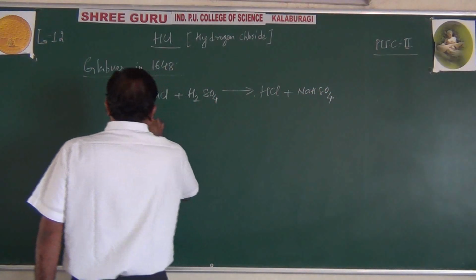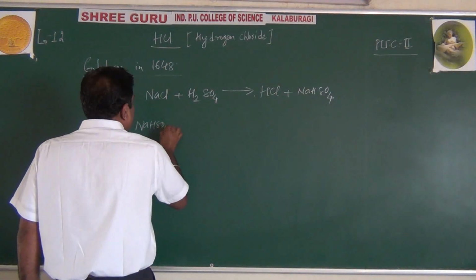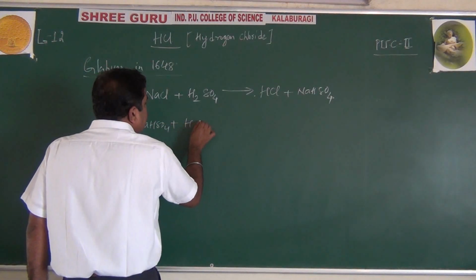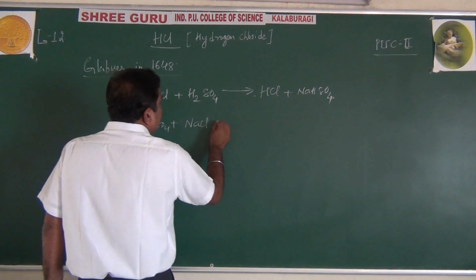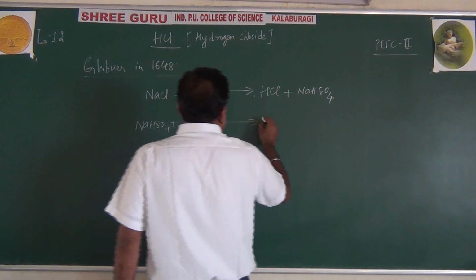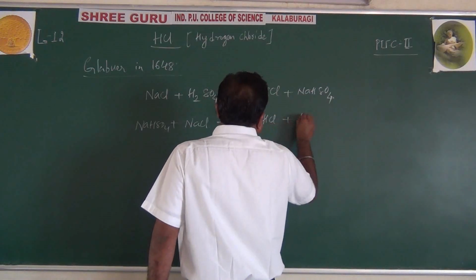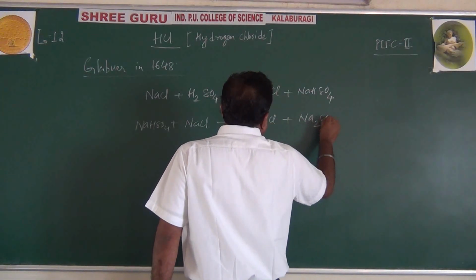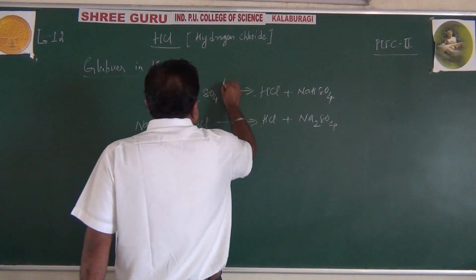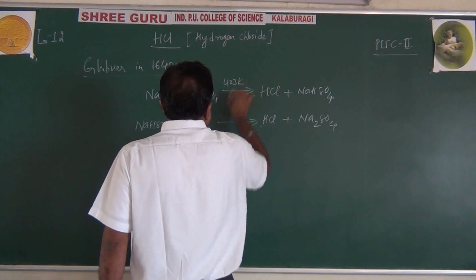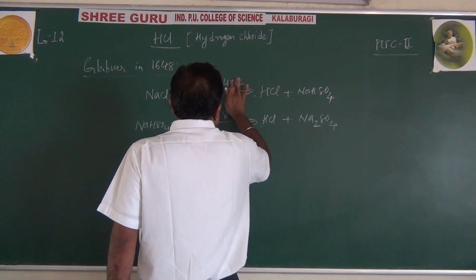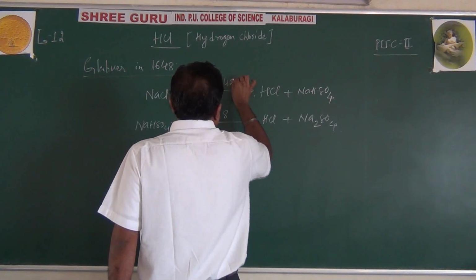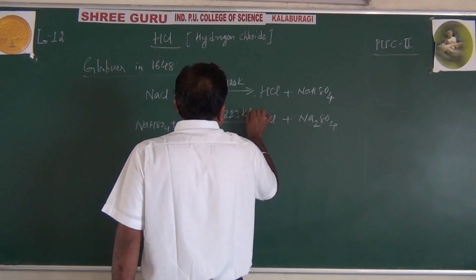Further, sodium bisulfate, NaHSO4, with excess NaCl once again will produce HCl and Na2SO4. The first is at 420 Kelvin and this one is at 823 Kelvin.